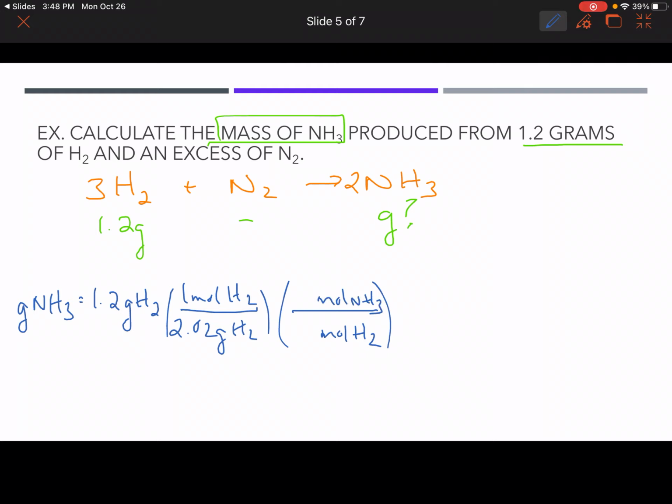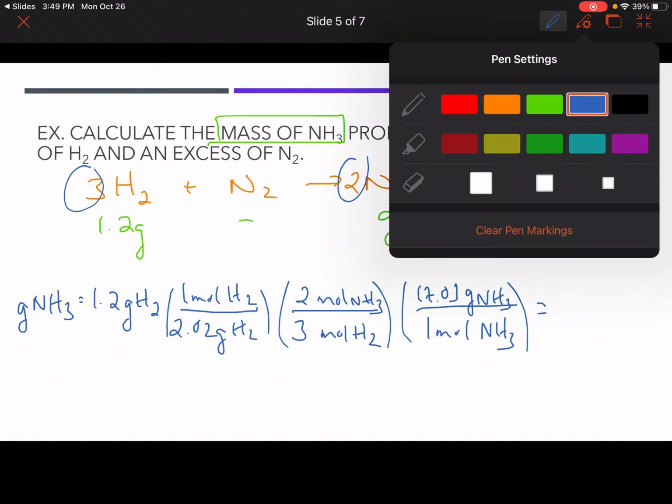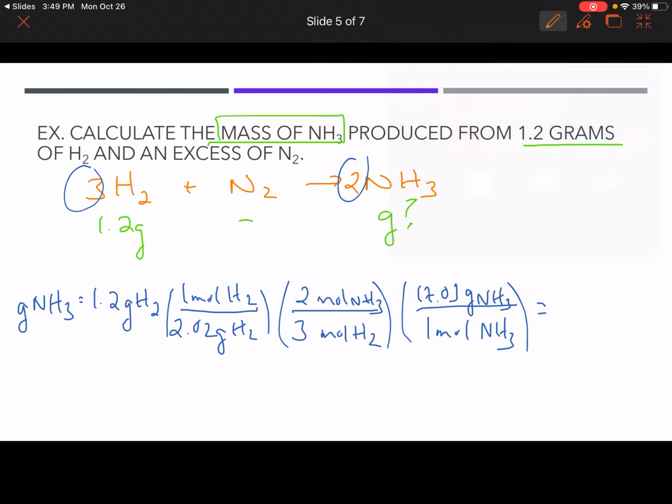So now if you stop the problem, you would be in moles of NH3. You don't want that though, you want grams. So 1 mole of NH3, and on the top is going to be my grams of NH3 here. And I'm going to take 1 nitrogen and 3 hydrogen, so this is going to be 17.03 grams of NH3. So now I'm just going to cancel my units out here, make sure I'm right. So grams of H2, grams of H2, moles of H2, moles of H2, moles of NH3, moles of NH3.